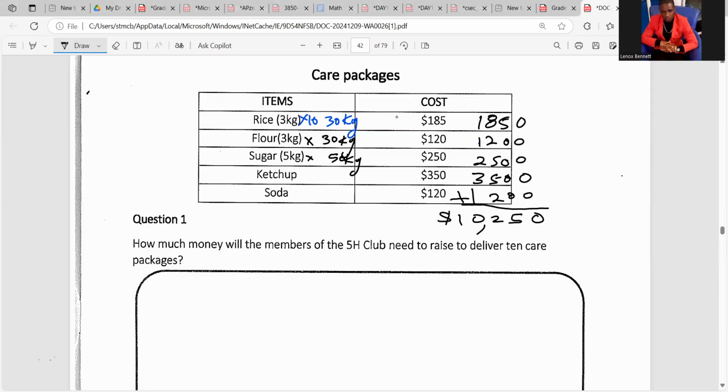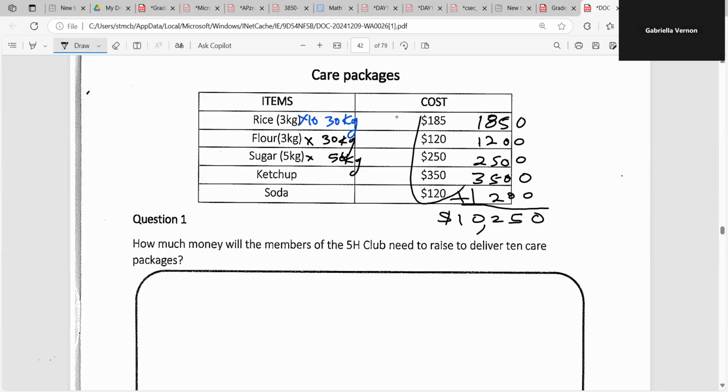Go ahead, Gabriel. So the question asks, how much money will the members of the 5H Club need to raise to deliver 10 care packages? So you're going to add the cost of the items for each of the 10 care packages.